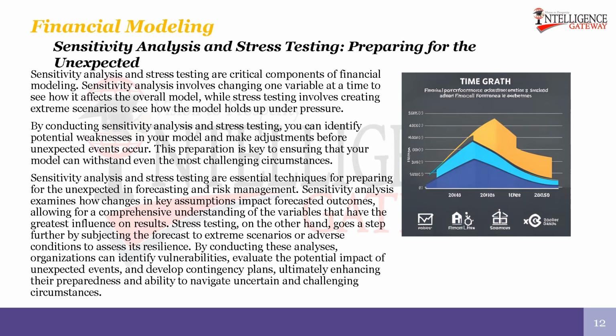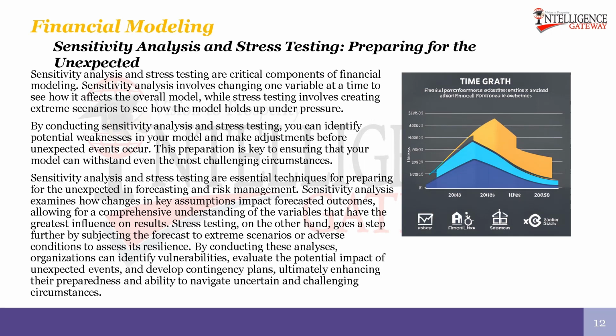Sensitivity analysis and stress testing are essential techniques for preparing for the unexpected in forecasting and risk management. Sensitivity analysis examines how changes in key assumptions impact forecasted outcomes, allowing for a comprehensive understanding of the variables that have the greatest influence on results.